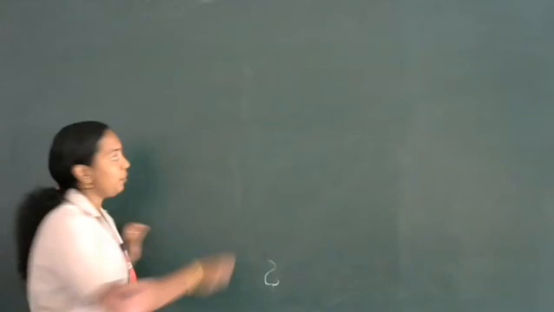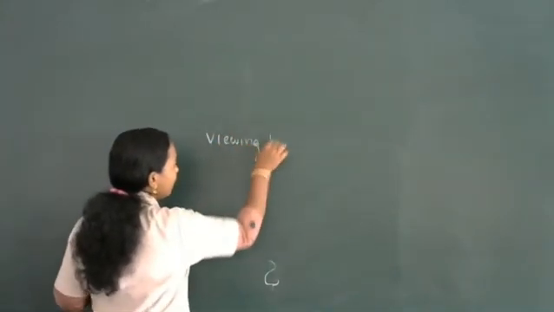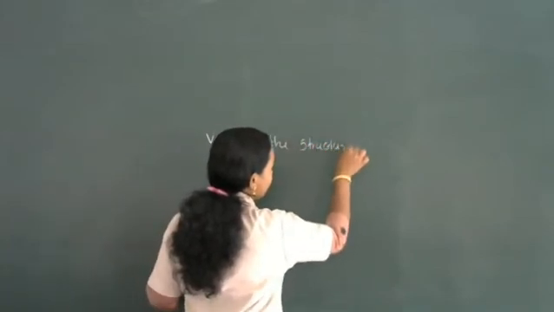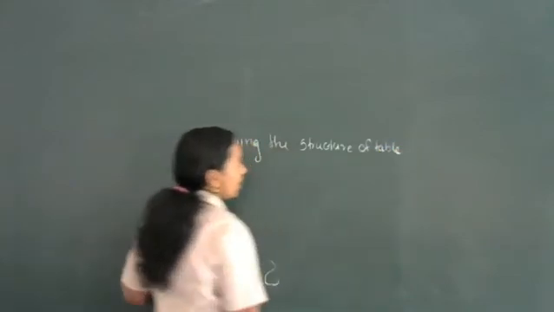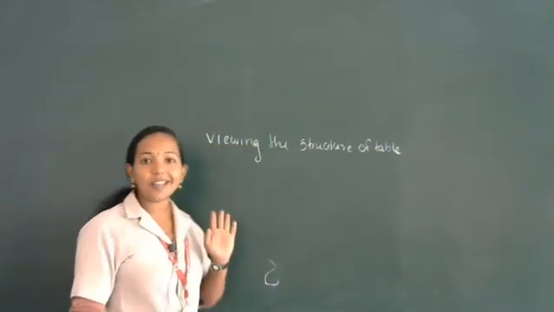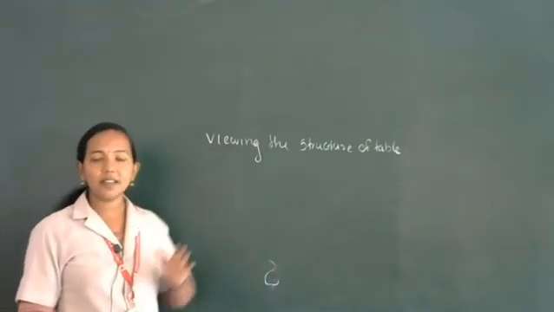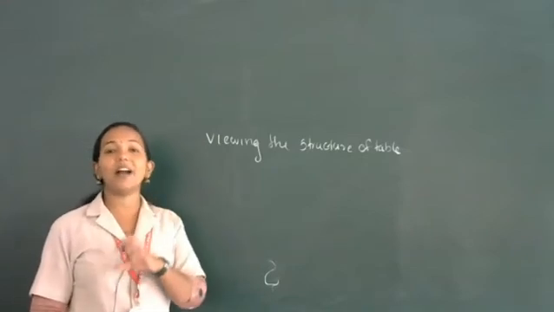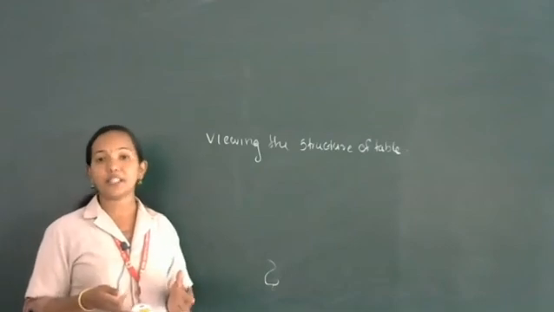First one is viewing the structure of a table. Viewing the structure of a table means we don't want the entire table, we only require the structure. Structure means the column name, the data type, how many bytes are allocated, the offset value, the schema that we want to display.